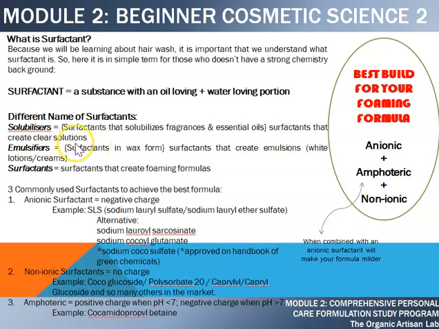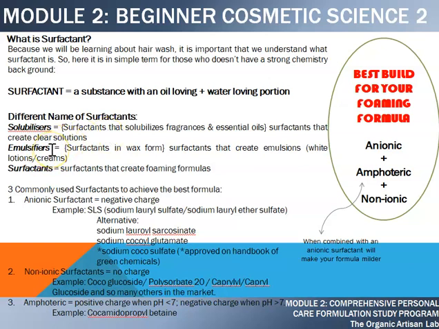Solubilizers are surfactants that solubilize fragrances and essential oils, surfactants that create a clear solution. As I said, we call these types of surfactants based on what they do in our formulations.